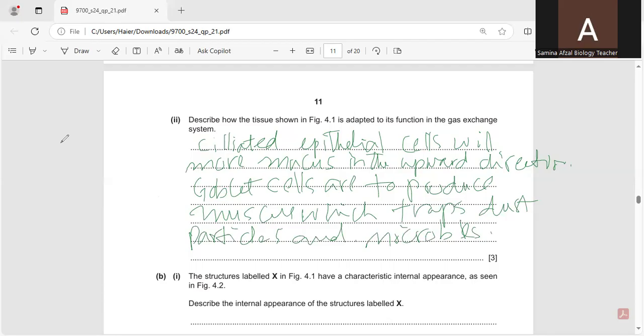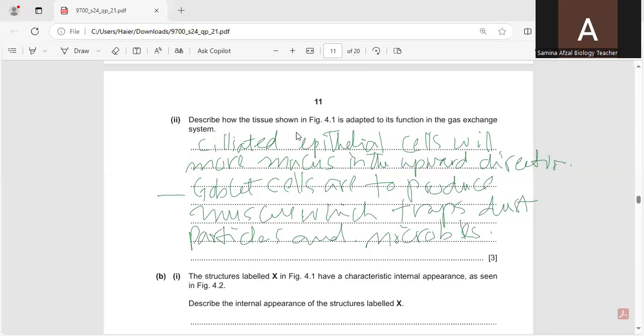And secondly, the goblet cells are meant to produce the mucus. The mucus is a sticky substance which is produced inside the respiratory tract. This mucus is sticky to trap the dust particles and other microorganisms which try to enter into the respiratory tract.